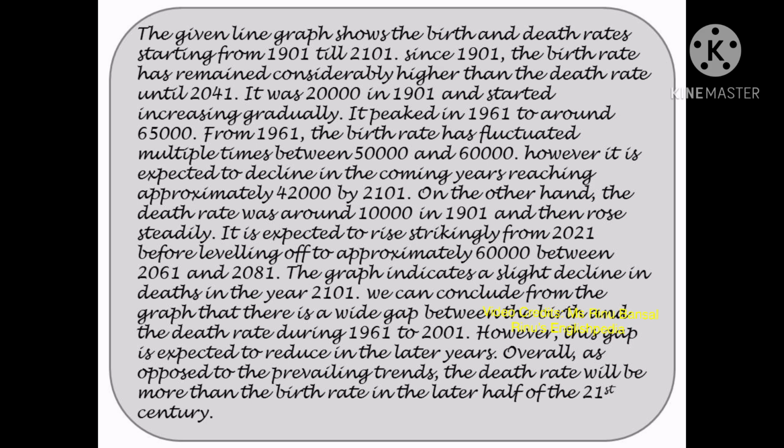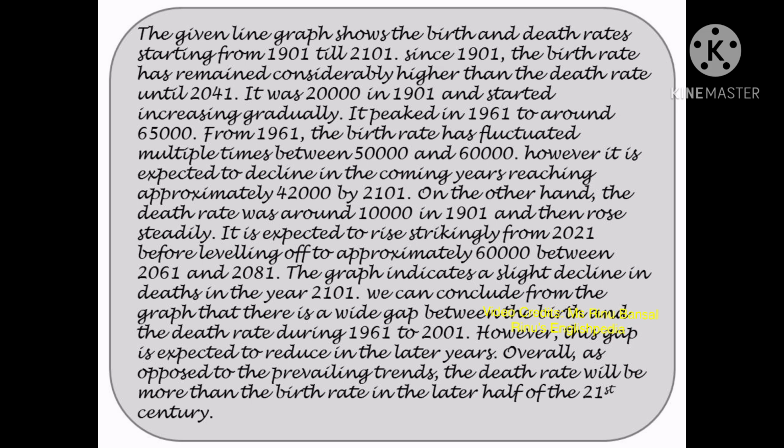On the other hand, the death rate was around 10,000 in 1901 and then rose steadily. It is expected to rise strikingly from the year 2021 before leveling off at approximately 60,000 between 2061 and 2081. The graph indicates a slight decline in deaths in the year 2101.